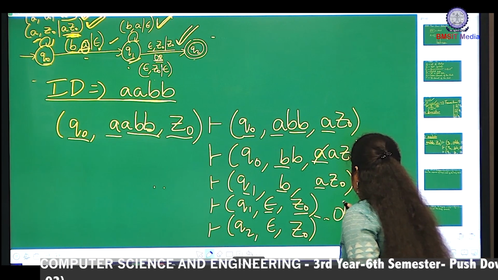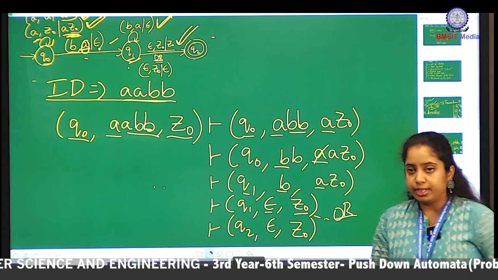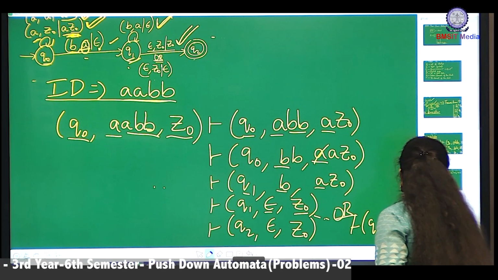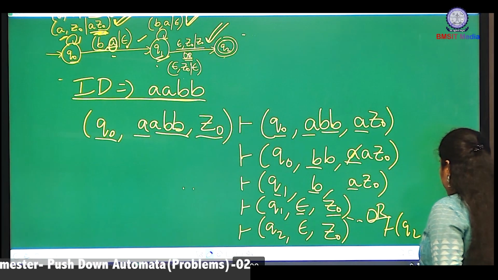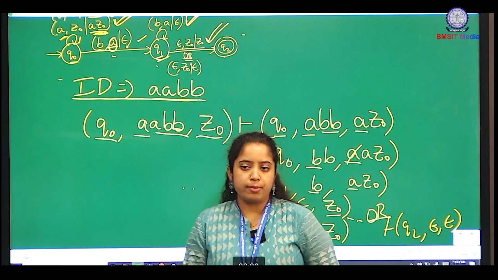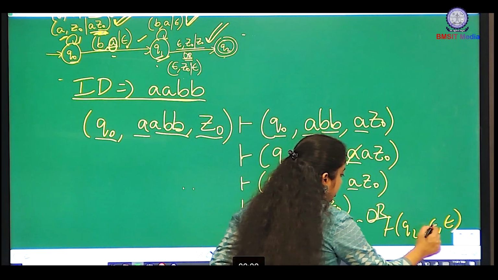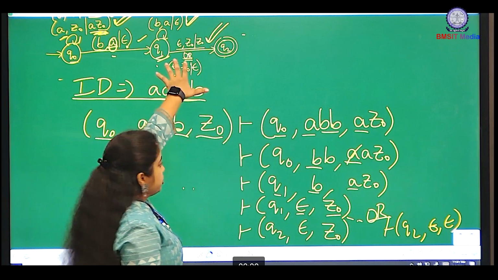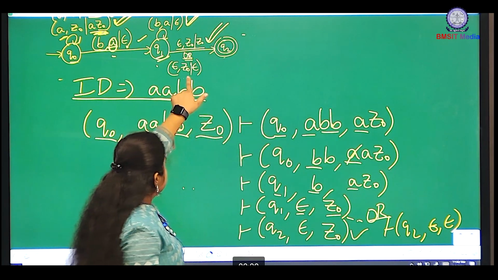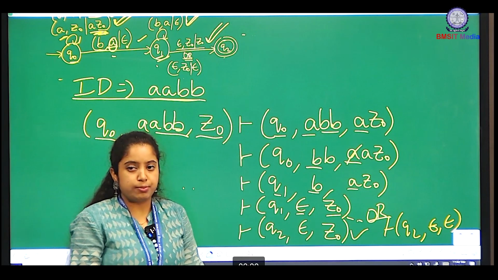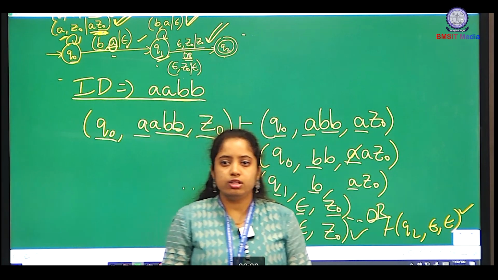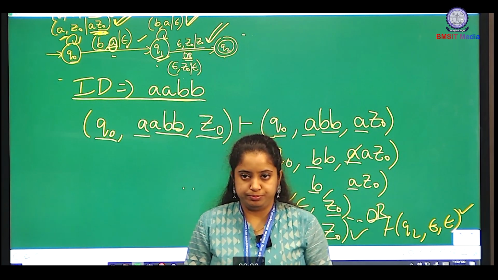If it is not the final state method, if it is the empty stack method, then you would have written Q2, epsilon, epsilon, which is the empty stack method. Whatever you mention here, you need to write this transition in the instantaneous description.